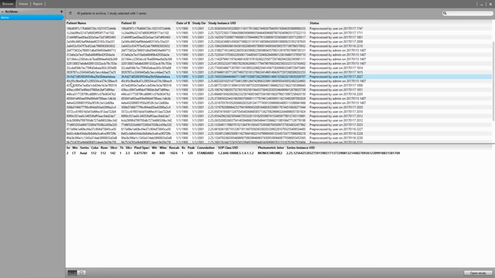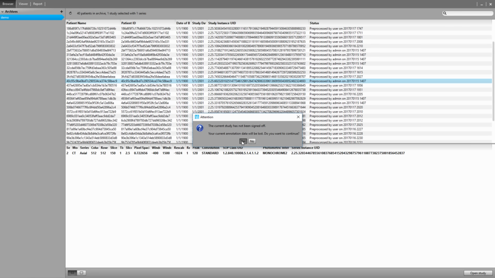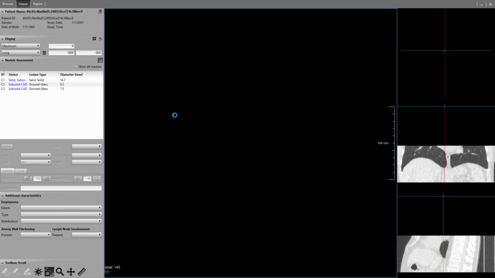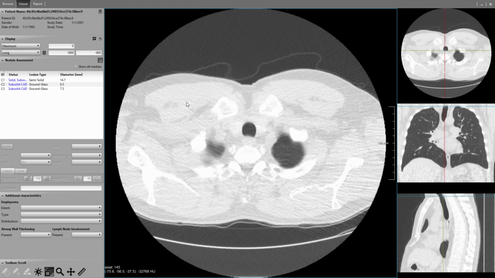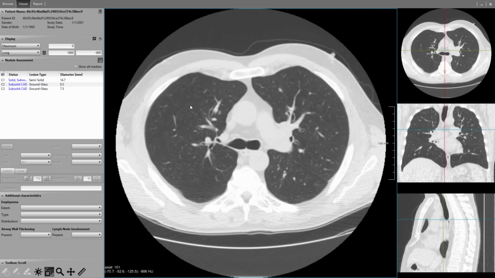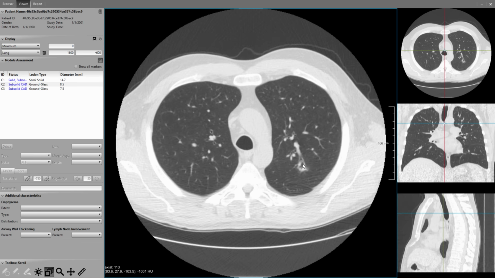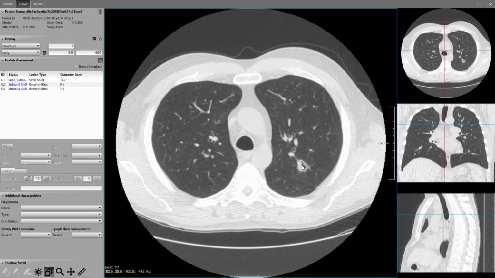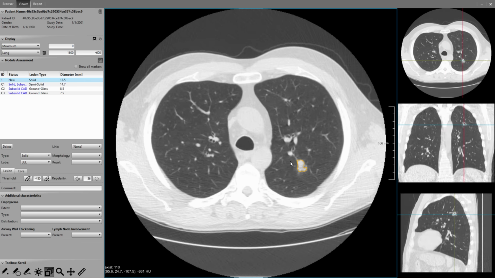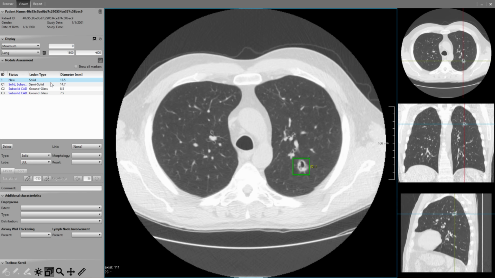Let's load the next case. That is a cancer case, and here we see a very suspicious lesion with a bubble in it, quite big. That's probably also the mark that the computer gave.